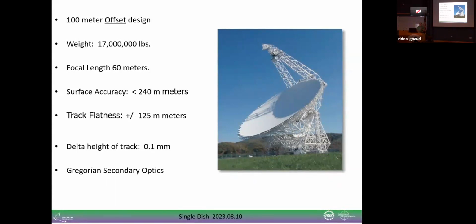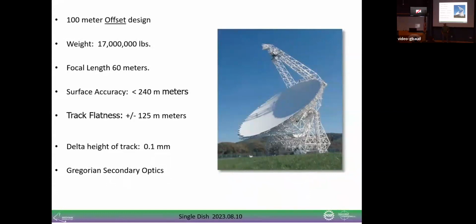And of course, it's a Gregorian secondary optics, meaning the subreflector is behind the focal point. So incoming waves strike the dish, go through the focal point, and then start expanding again, and then strike the subreflector, and then the secondary focal point is about right there.